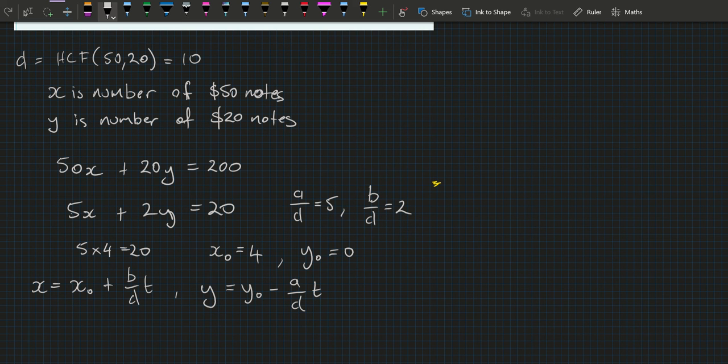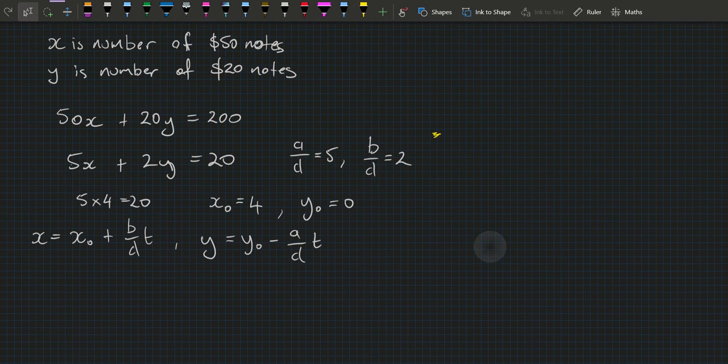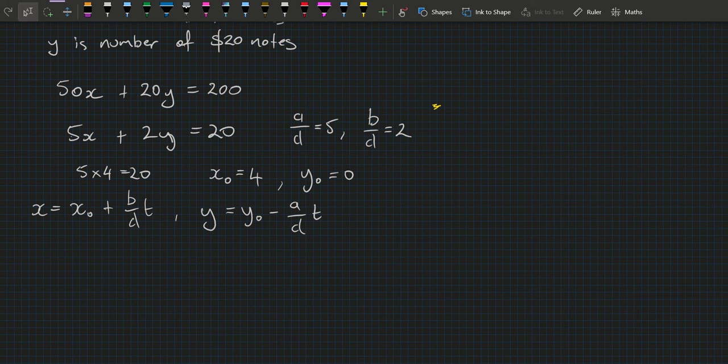Okay, so I can try all little steps of t. So let's rewrite that. My x is going to equal 4 plus 2t, and y will equal 0, which doesn't matter, minus 5t. Okay, 5 is a on d.